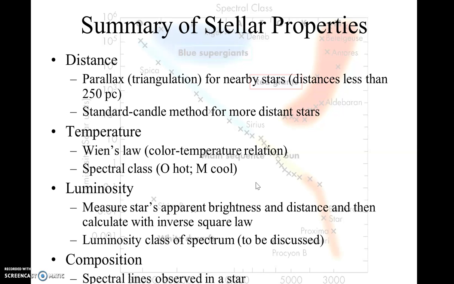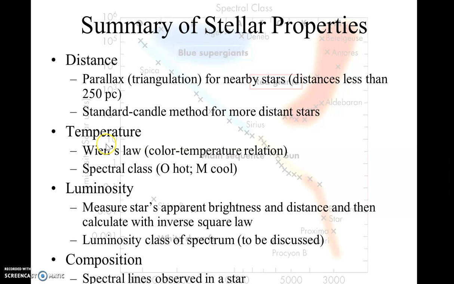If you knew ahead of time that it was a 100-watt light bulb, using the inverse square law, you know how much energy you should be receiving. You record the value you actually receive, and then use the inverse square law in reverse to figure out the distance. So that's the method of standard candles.